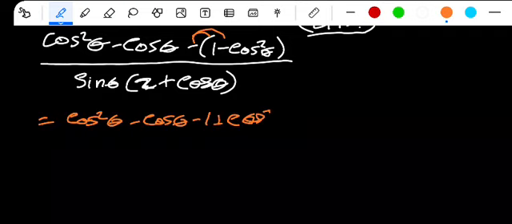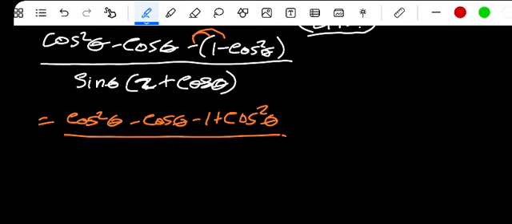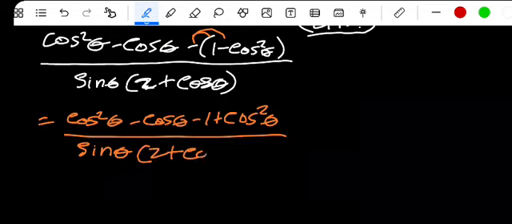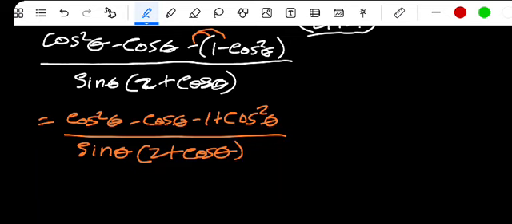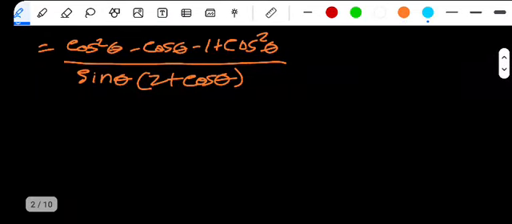I want you to check something here. We have plus cos squared theta, divided by sine theta into 2 plus cos theta. So here we have like terms.